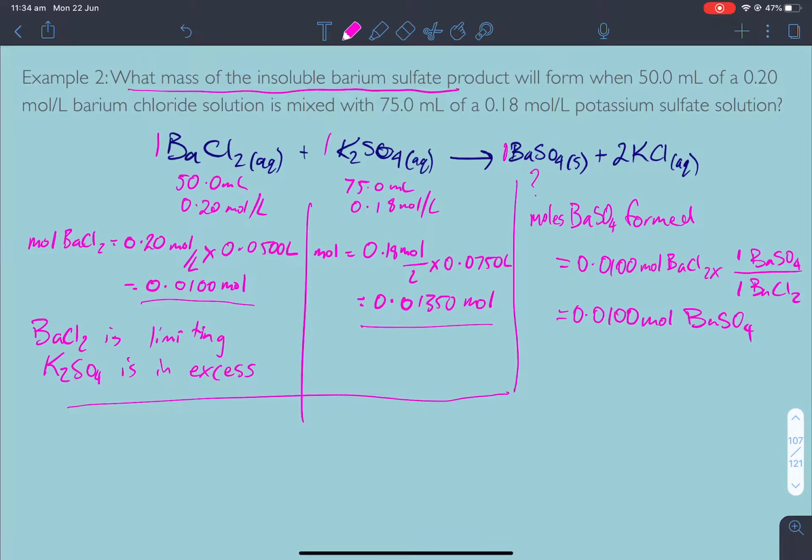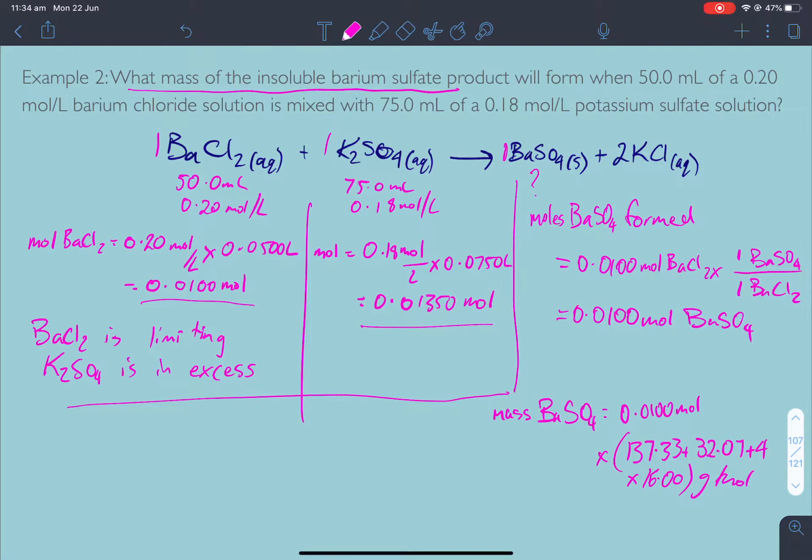Question, what mass of insoluble barium sulfate? Okay, so the mass of barium sulfate formed is going to equal the number of moles times by the molar mass. So we've got 1 barium, 137.33, plus the 1 sulfur, 32.07, plus the 4 times the oxygen, which is 16, grams per mole.